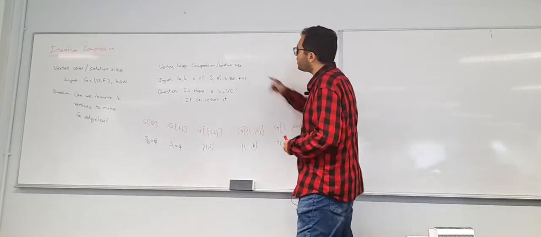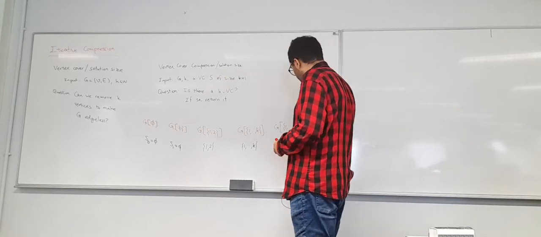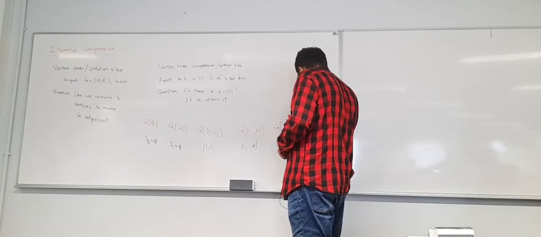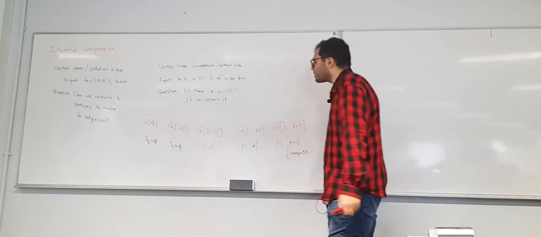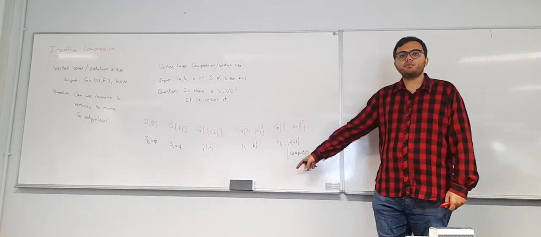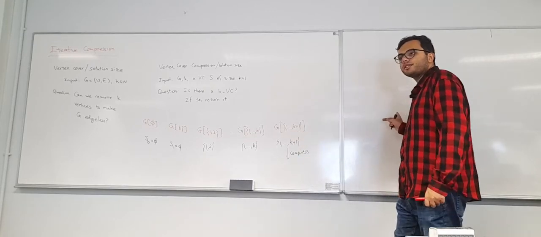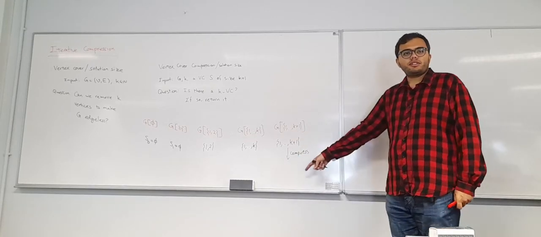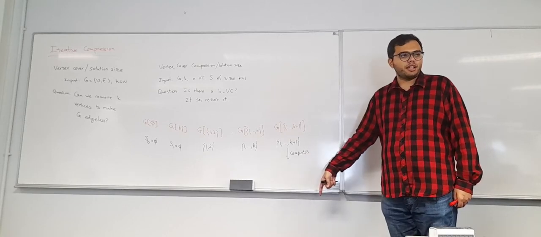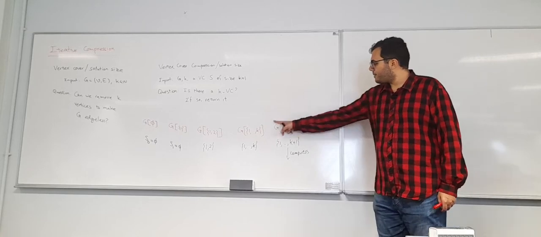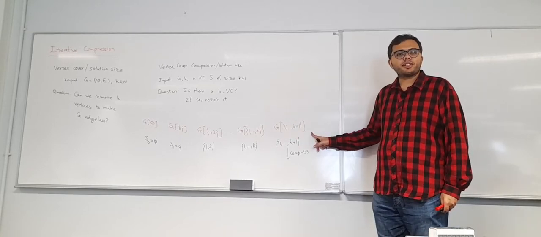So I just call this compression. I compress it. And there are two cases. Either the compression gives me a solution of size k, in which case I'm happy and I just continue this process. Or it says that there is no solution of size k, which means that even this subgraph here didn't have a vertex cover of size k.